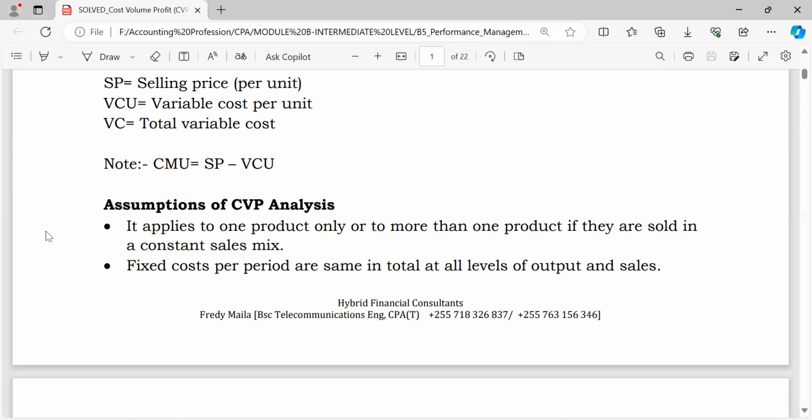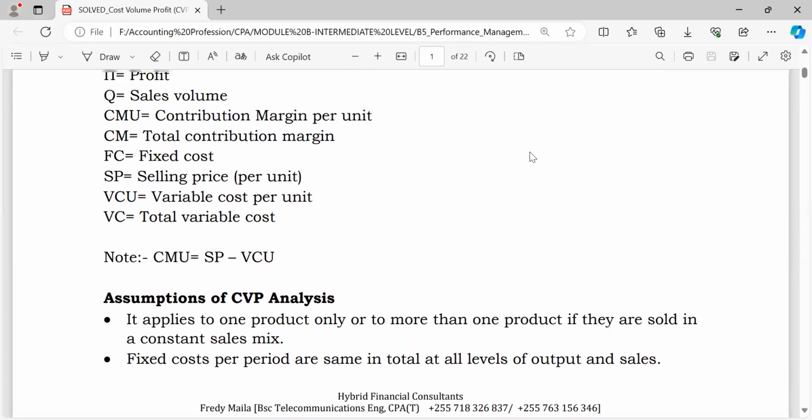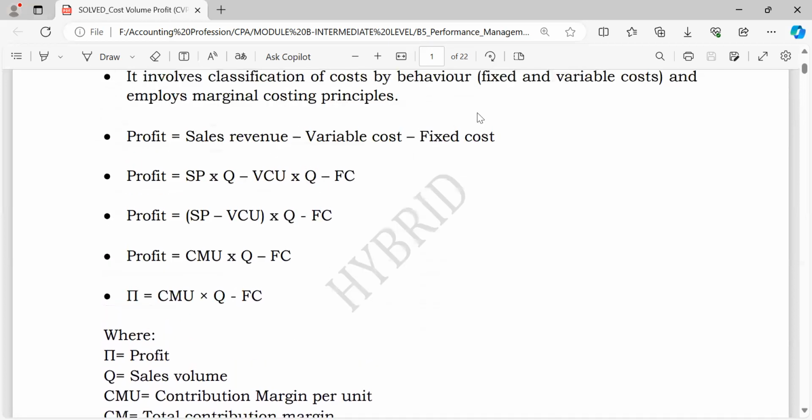Another point: fixed cost per period is the same in total at all levels of output and sales. Same fixed cost. Actually, we could refer to this formula here. Fixed cost the same, or here fixed cost, same fixed cost. Variable cost per unit is constant, selling price is constant. And as for Q here, the first Q was multiplied by selling price, so it means units sold.